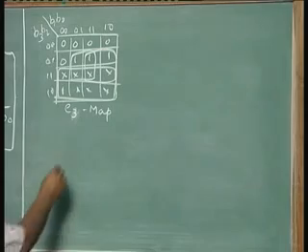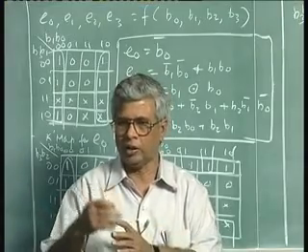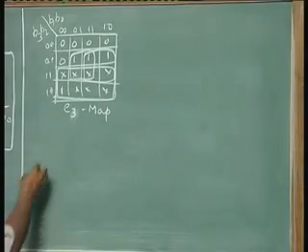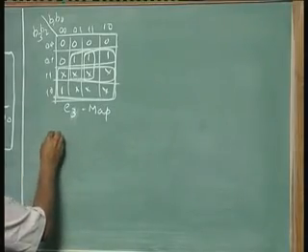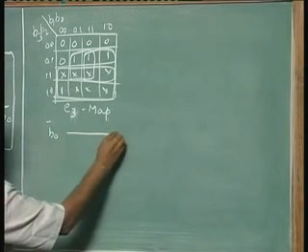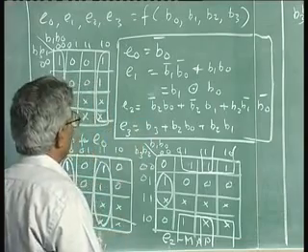So the circuit can be drawn easily. E0 is B0 bar, so we'll assume that all the B0, B1, B2, B3 and their complements are available to avoid having to draw inverters. So we'll assume that B0 is available. So B0 bar is E0. E0, that is the first one.